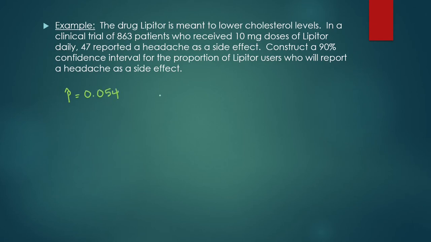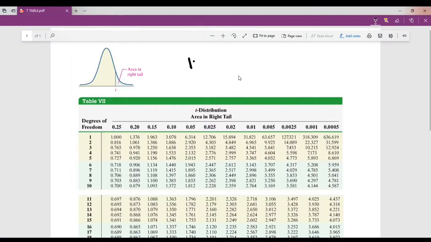P hat is known to be 0.054, and we know that z can be obtained from our t-table. We need to use the formula 1 minus the level of confidence divided by 2. In our case, we have a 90% level of confidence, so I'll take 1 minus 0.90 divided by 2, and this yields 0.05.